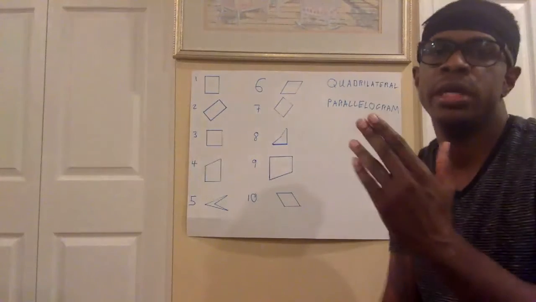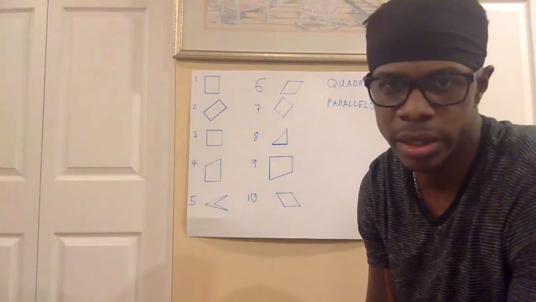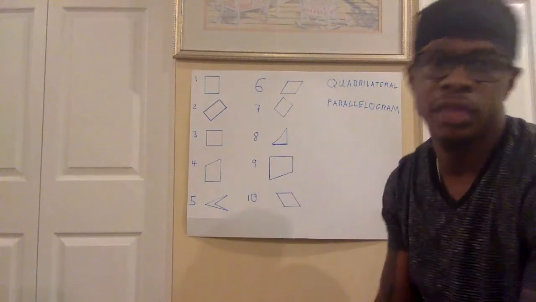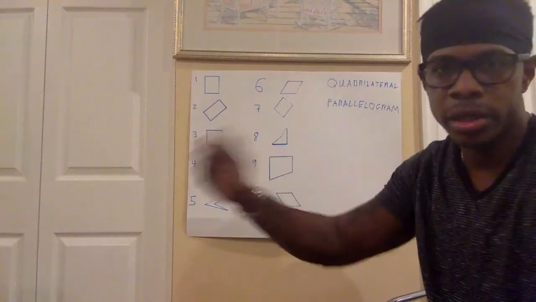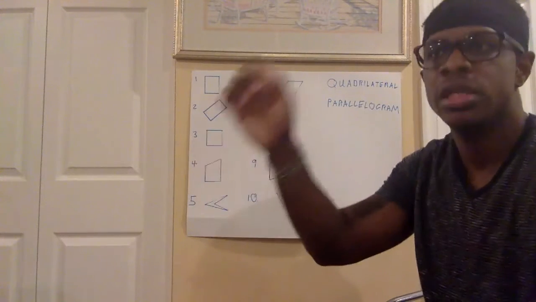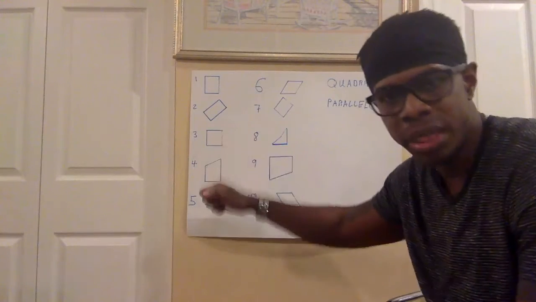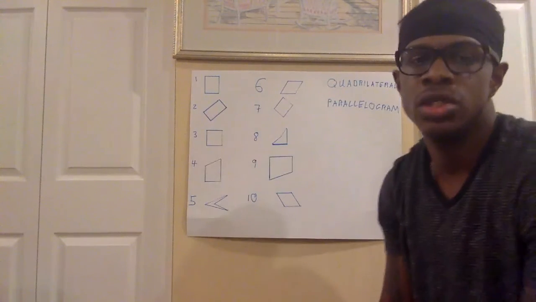I want you to write how many pairs of parallel lines from 1 to 10, and I also want you to write if it has any parallel lines. So you're going to say no parallel lines if there are none, and if they have, you're going to say yes, parallel lines. And there's going to be two pairs of parallel lines, one pair of parallel lines, and so forth.